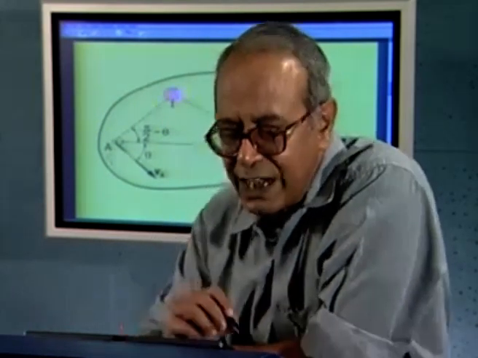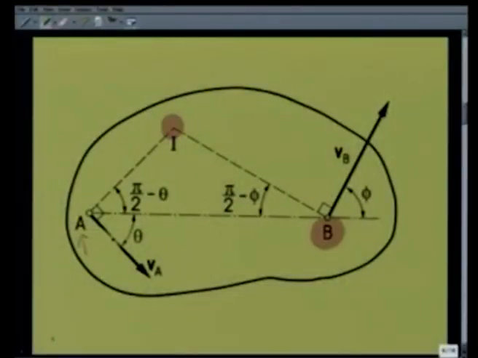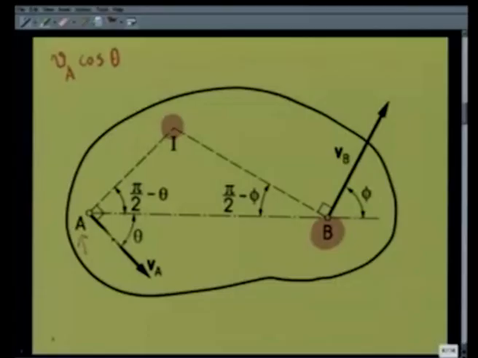To show that Vi is 0, let us consider the component of the velocity Va in the direction of AB. That will be Va cos theta. Va cos theta is the velocity of A in the direction AB.